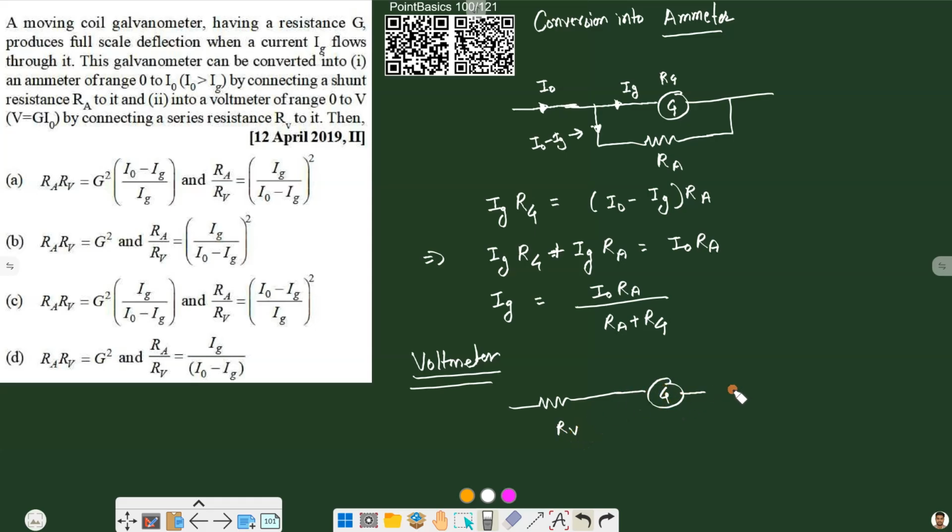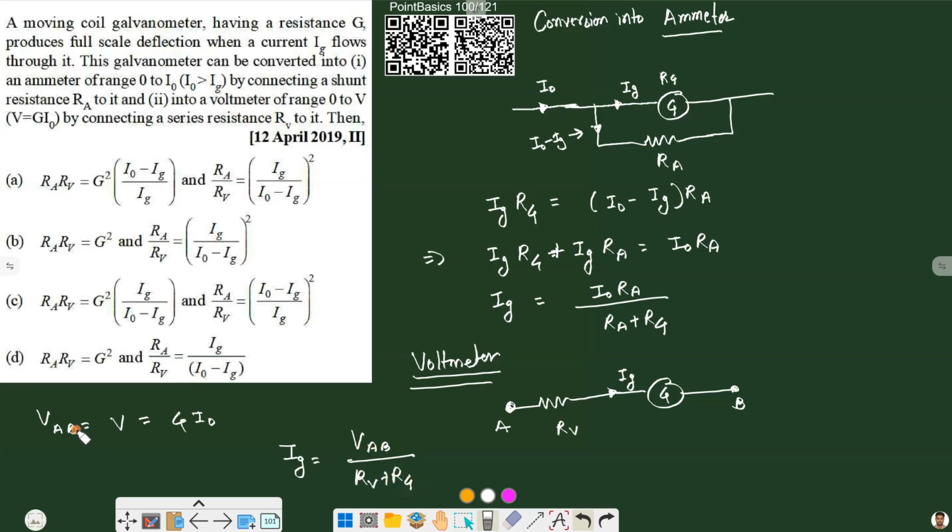We have a galvanometer and current Ig will be flowing through the circuit, and the range is 0 to V. So we can say VAB is equal to V. Now from this circuit, the value of Ig is equal to VAB divided by total resistance, that is Rv plus Rg.